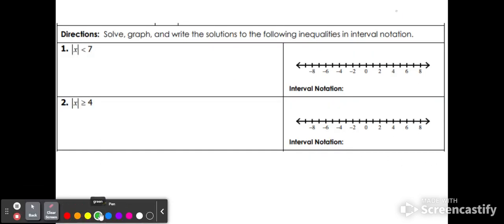So let's take a look at another example. What number is less than 7 steps away from 0? So here's our 7. Things that would be fewer steps would be here, but also -7 has less steps this way. So this is an and, right? And so we have x is something compared to -7 and x is something compared to +7.